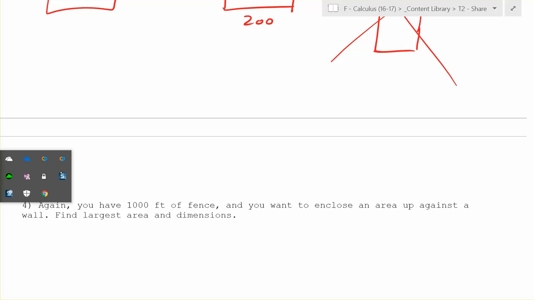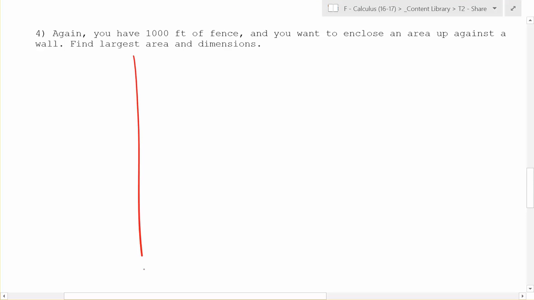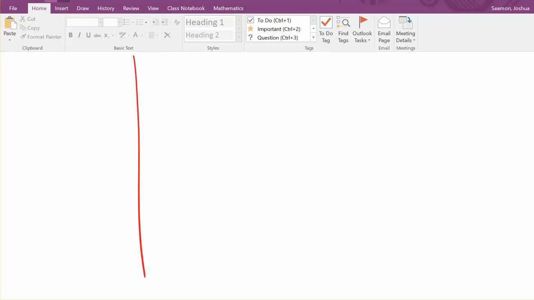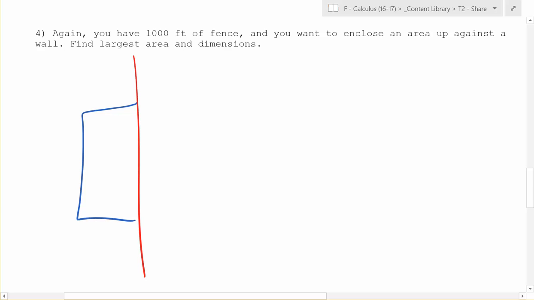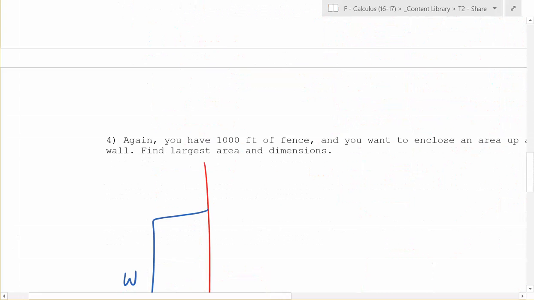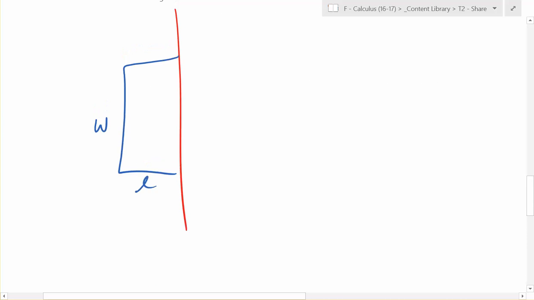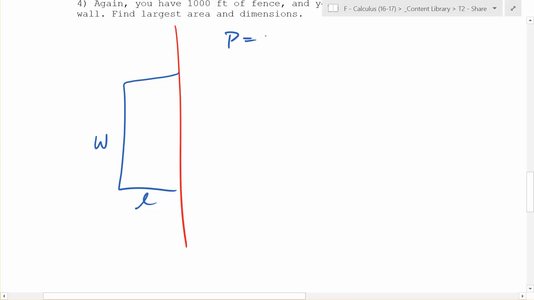Let's pick a different one. You have a wall in this case, and now your fencing does this. It's still a rectangle, right? So we called this one width, and we called this one length, yeah. The perimeter is still 1,000, right?